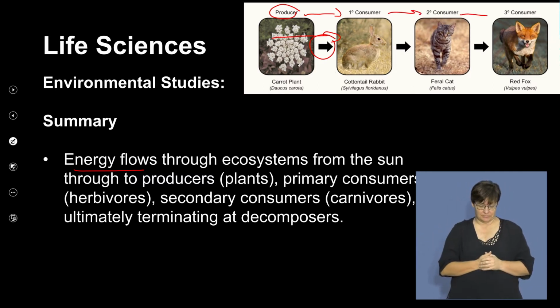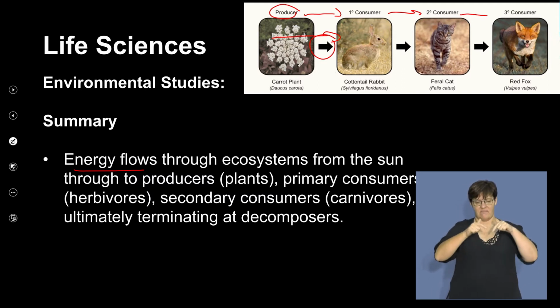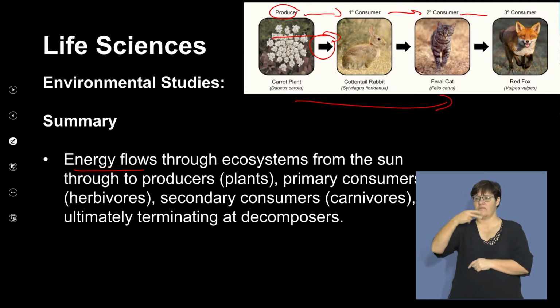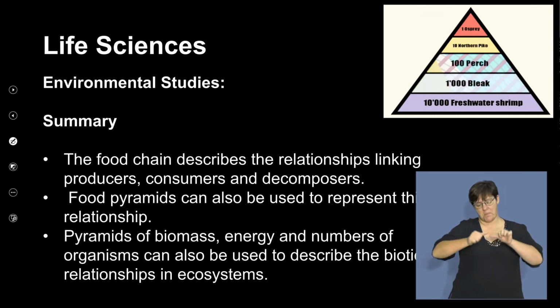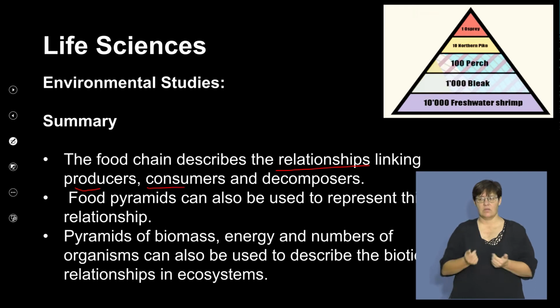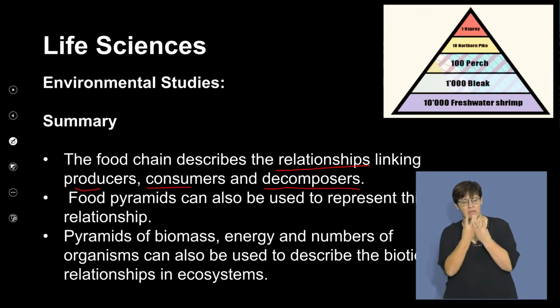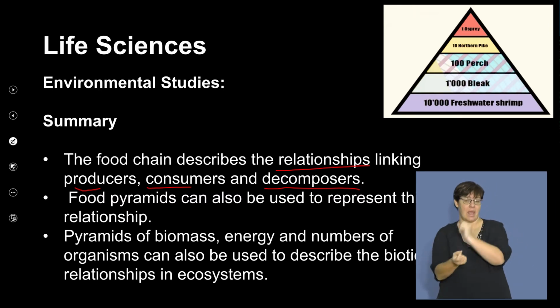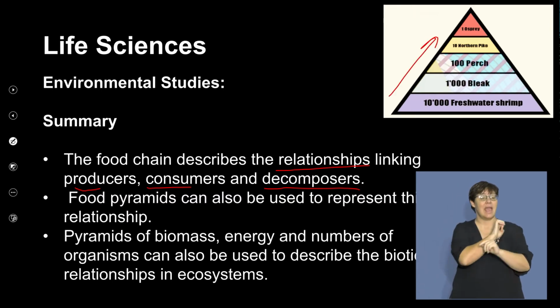It's important that we recognize that in a food chain, there are several levels of organization, which we refer to as your different trophic levels, and this essentially shows the flow of energy in a food chain. Food chains, as I mentioned, describe the relationships linking producers, consumers, as well as decomposers, and it shows you how energy flows.